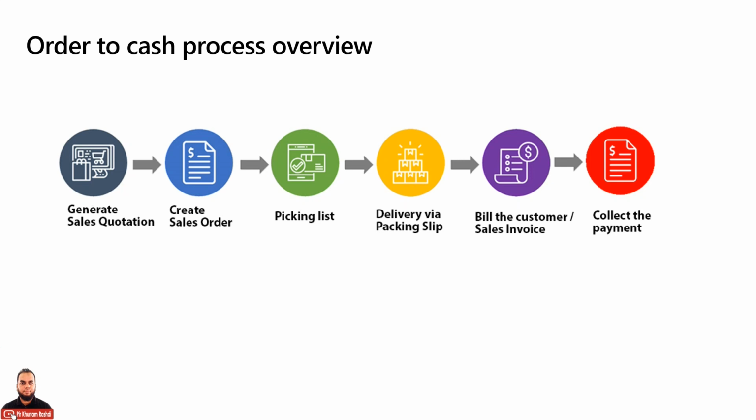So after the packing slip, we need to bill the customer to record the revenue and increase the account receivable. To bill the customer, there are two provisions in the system.